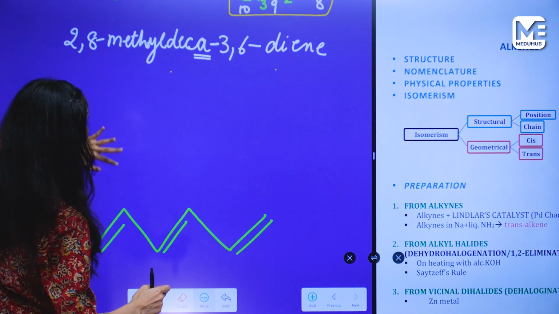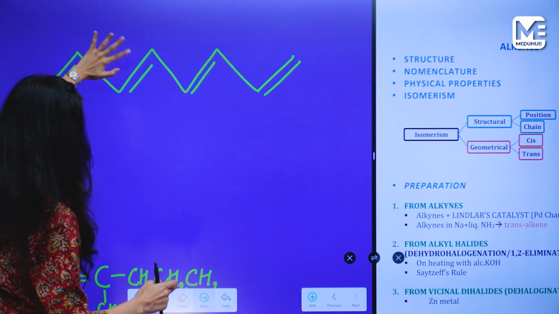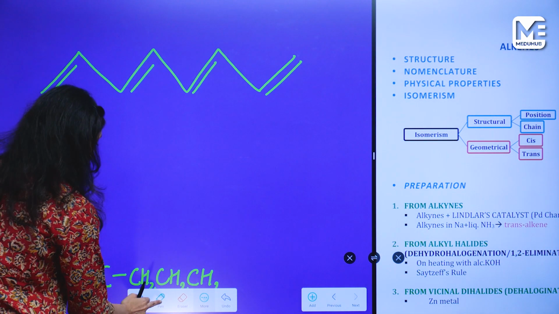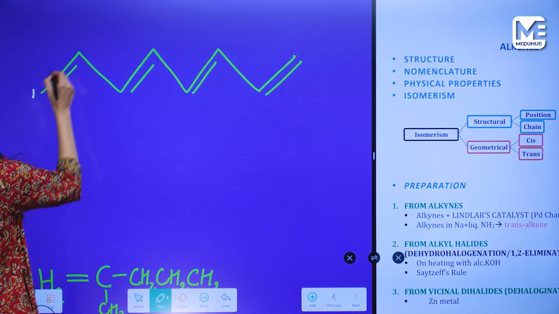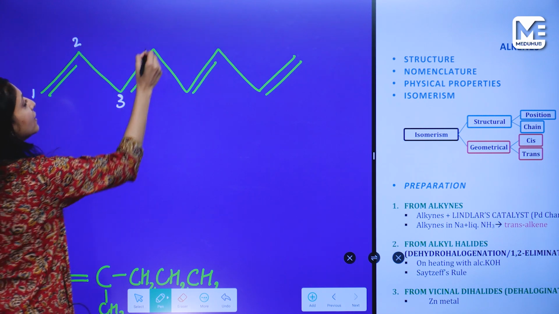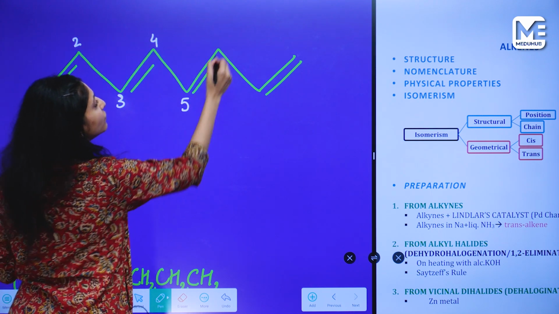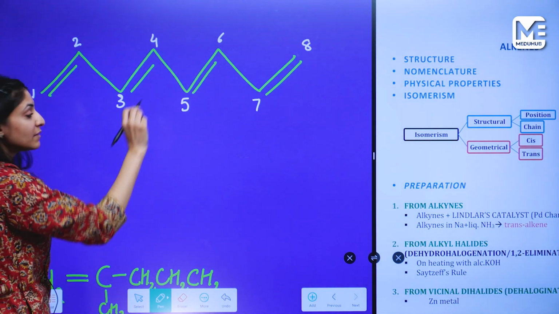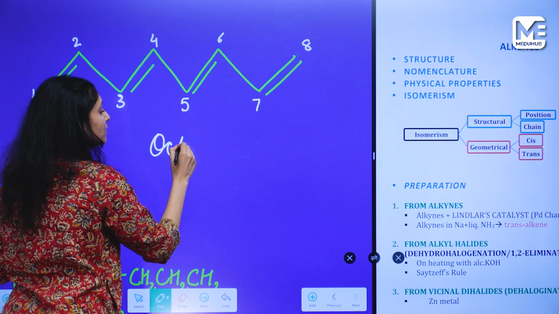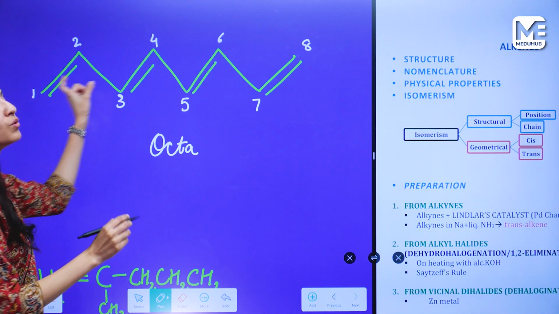We have one more example. So this is a condensed bond line structure. We will count the number of carbons. 1, 2, 3, 4, 5, 6, 7, 8. 8 carbon chain, so it is octa. Octa, why? Because there are more than one double bonds.